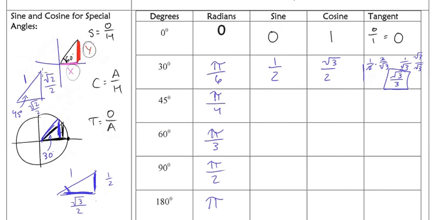It's an isosceles right triangle. So our sine, that's our opposite side, is root 2 over 2. Our cosine is also root 2 over 2. And I'm not going to get too much into the math, but if I divide anything by itself, even if it's something kind of ugly like root 2 over 2 divided by root 2 over 2, it is 1. Anything divided by itself is 1.